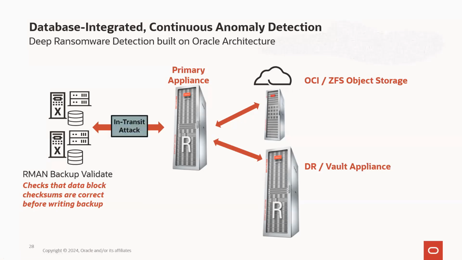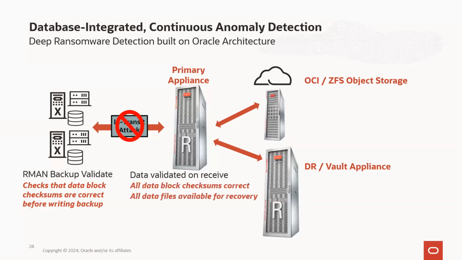So one thing the recovery appliance does is, because we know what those RMAN backup sets look like, we know the format of them, we're able to validate them in transit as they get sent from that library. The library validates them. When they arrive on the recovery appliance, they get stored on flash cache.